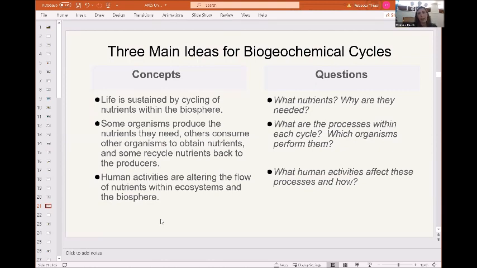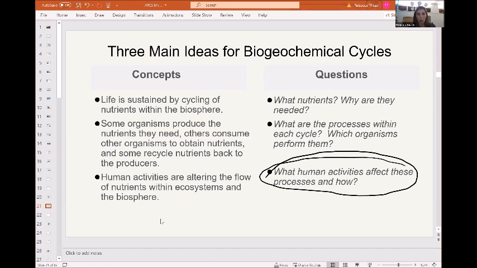Is there anything happening with phosphorus, and of course, carbon dioxide with cellular respiration and photosynthesis. And then the last thing, like you saw in that free response question, is how do human activities affect these processes and how? So if with each of these cycles, you can always answer these 3 questions, you will be more than prepared with this particular part of the course.